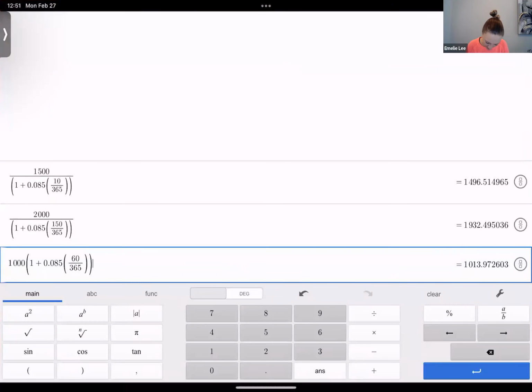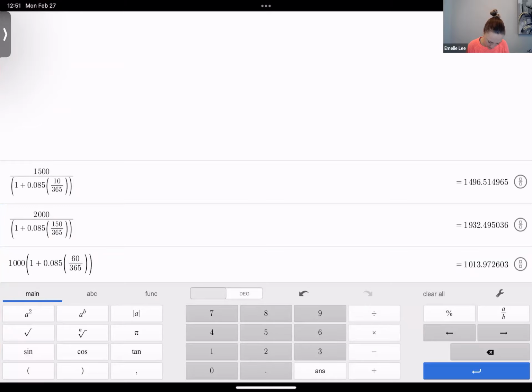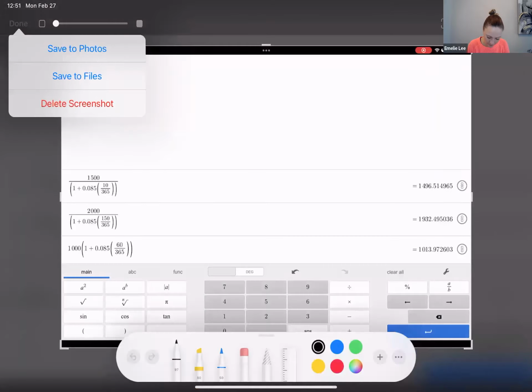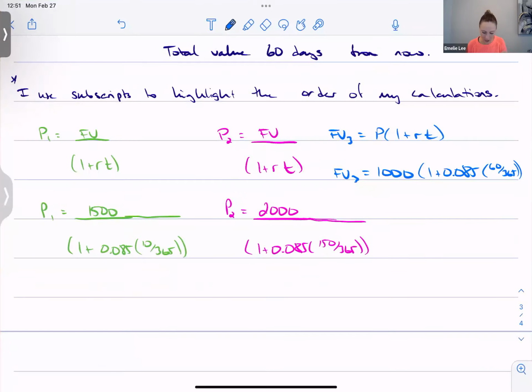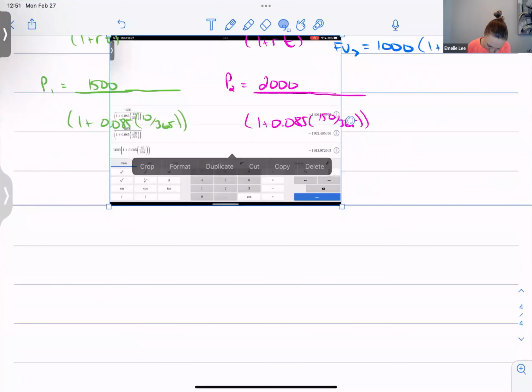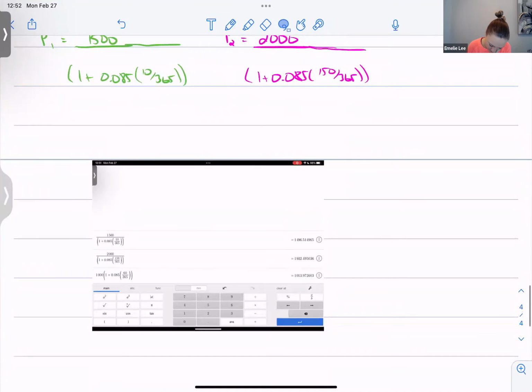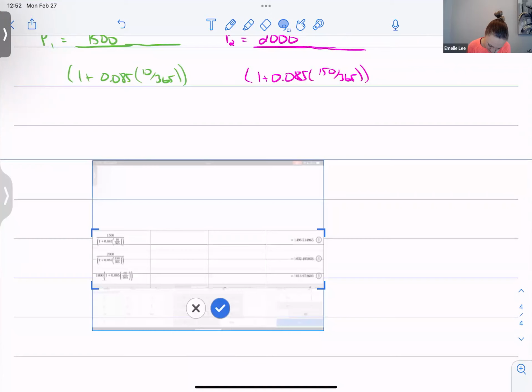Now, I'm going to take a screenshot here. Crop out all that excess space.